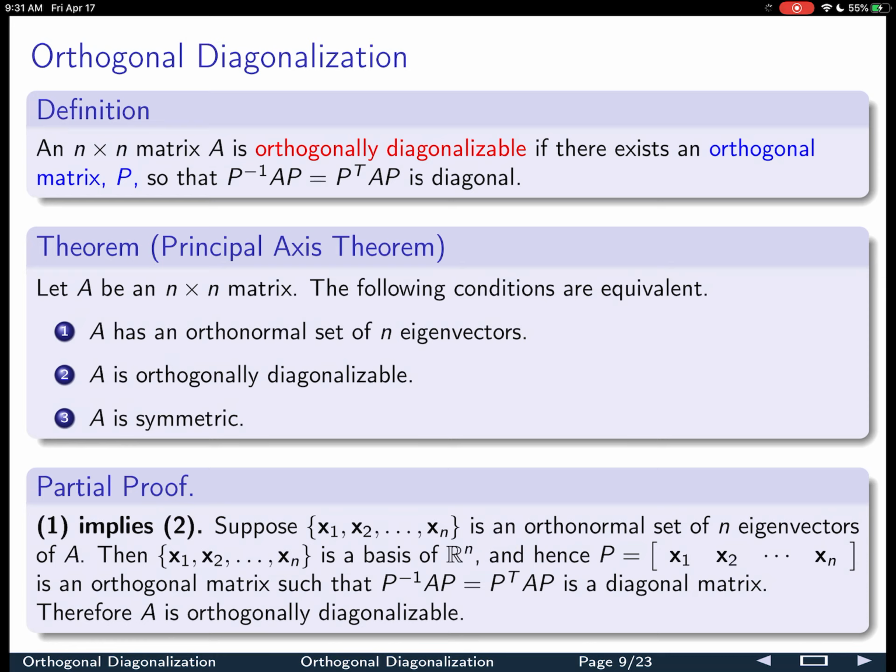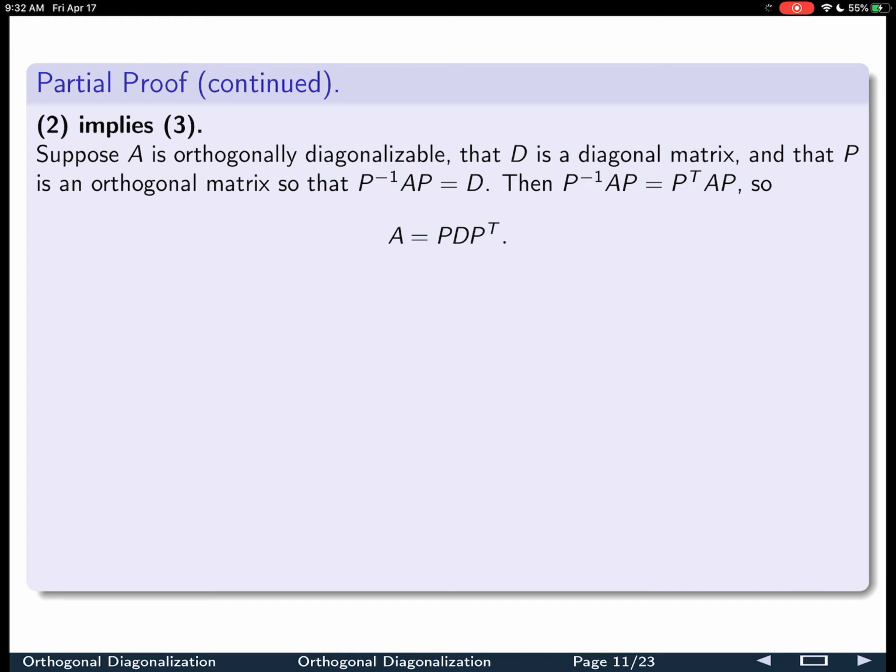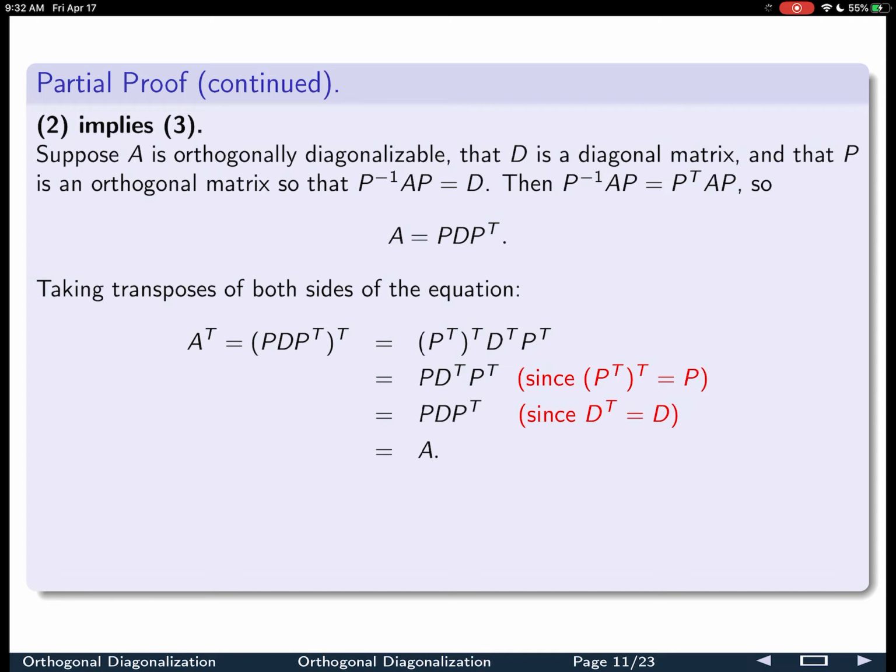We're supposing that the matrix is orthogonally diagonalizable. And by definition, that means that we have a way to decompose A so that it is PDP transpose. And if we take the transpose of PDP transpose and distribute that transpose out to all of the individual P, D, and P transpose, we get P D transpose P transpose there on the second line.